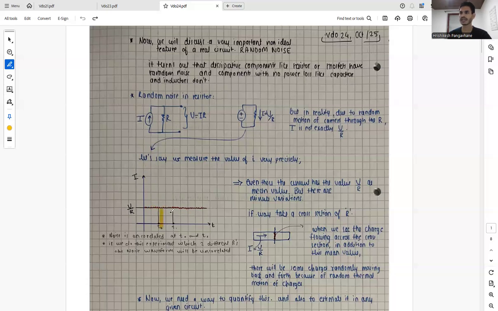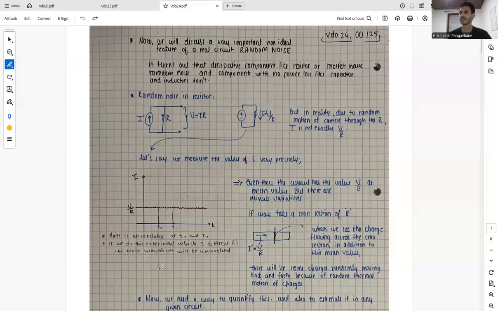At any random time instance, the noise is uncorrelated. For example, over here at T0 and T1, it is uncorrelated. And if we do this experiment with two different resistors, the noise waveform will be uncorrelated and very random.